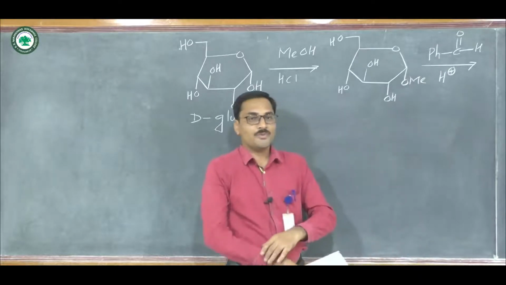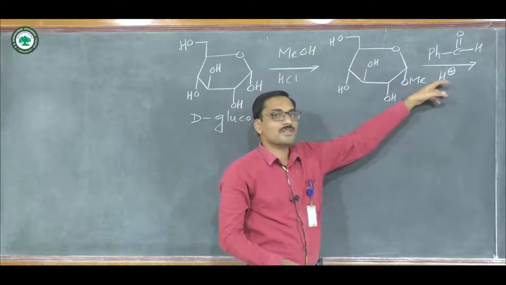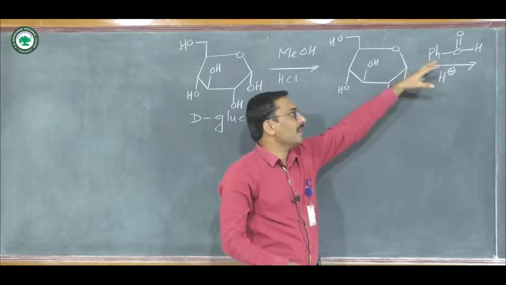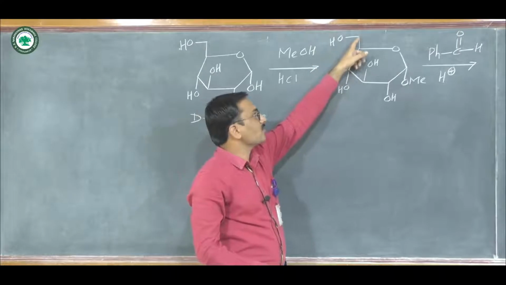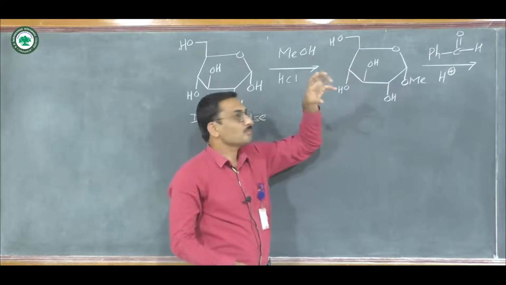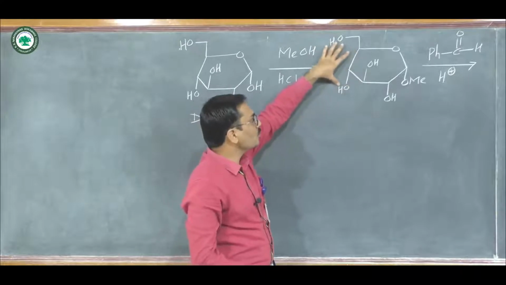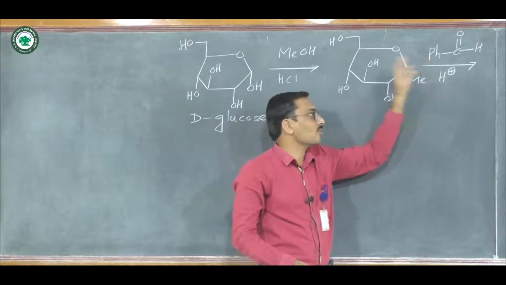In the next step, we use benzaldehyde in presence of H plus acid. So this benzaldehyde undergoes reaction with a diol. So this CH2OH and this OH are close in proximity. Therefore, these 2 OH undergo protection using benzaldehyde in presence of H plus.